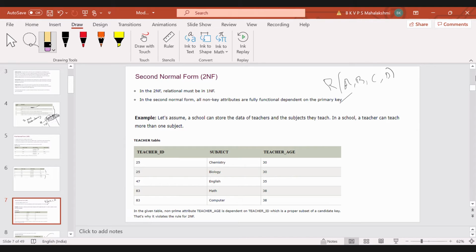In this, you don't know the meaning of A, B, C and D. So how can you identify the prime attribute to check this property?